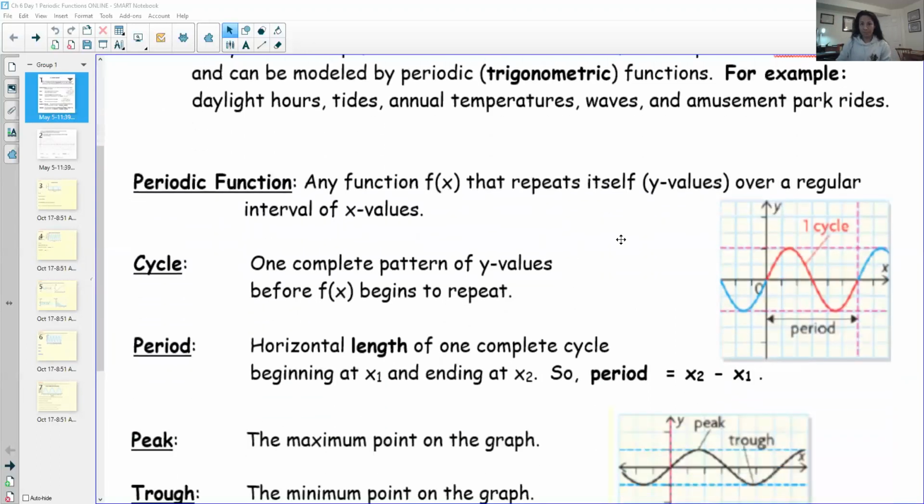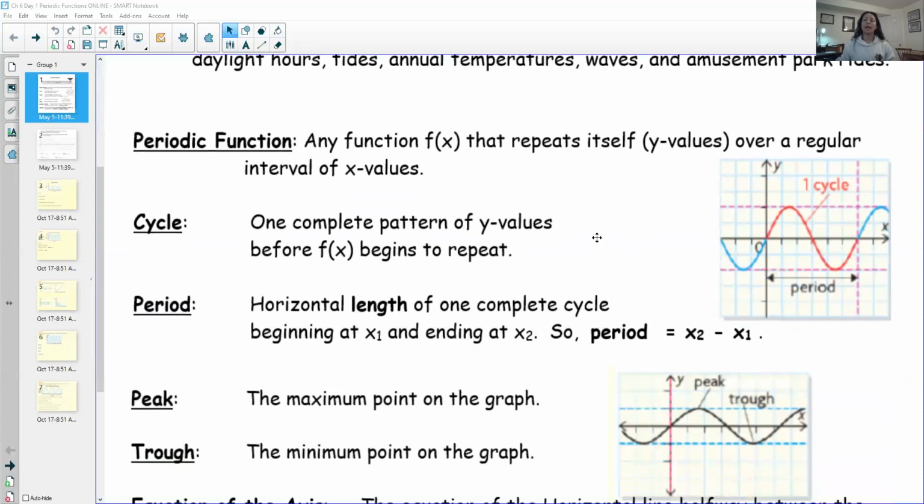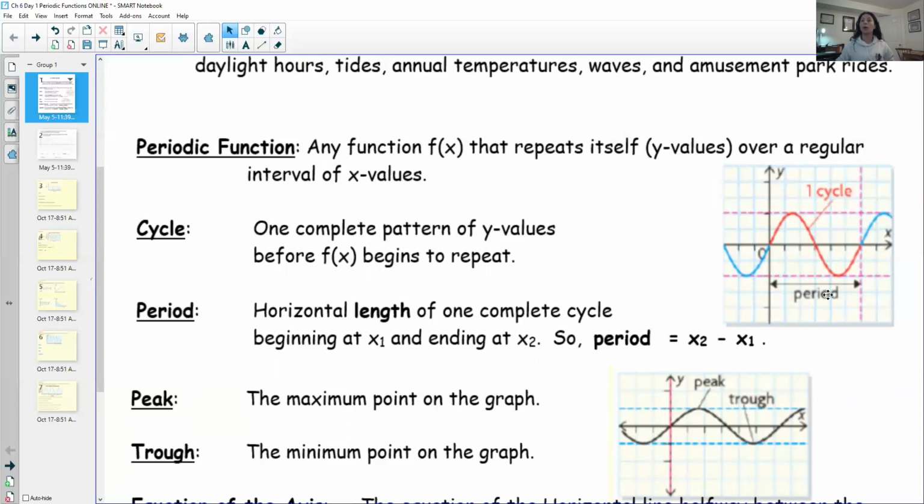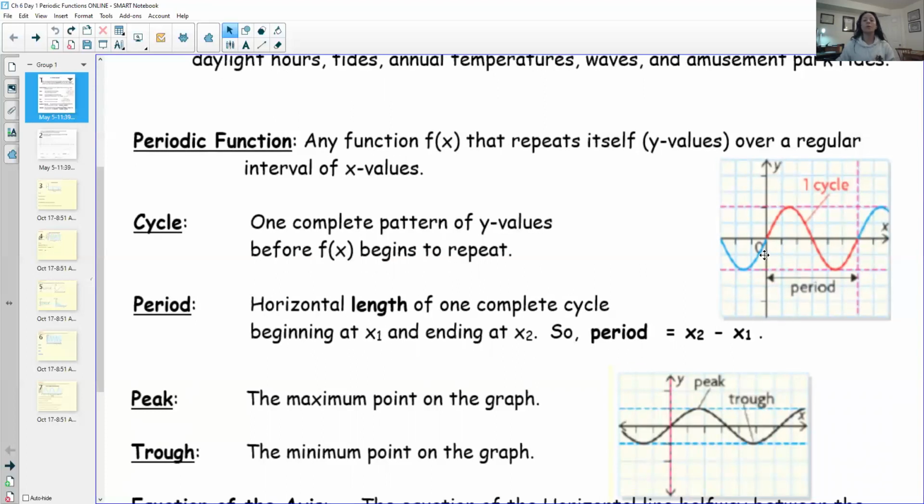So basically, by definition, a periodic function is any function, any equation, that can repeat itself. The y values would repeat over regular intervals of x. And you can see a repetitive pattern because there's a portion of the graph that would continue or repeat over and over. And we call this repetitive pattern a cycle.